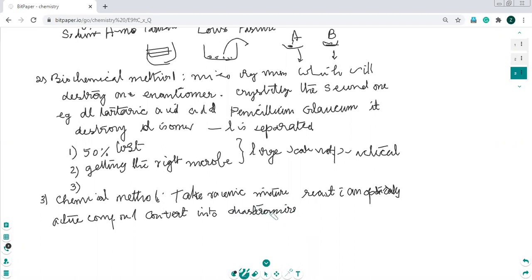Convert into diastereomers, separate by physical methods, separate them by crystallization.